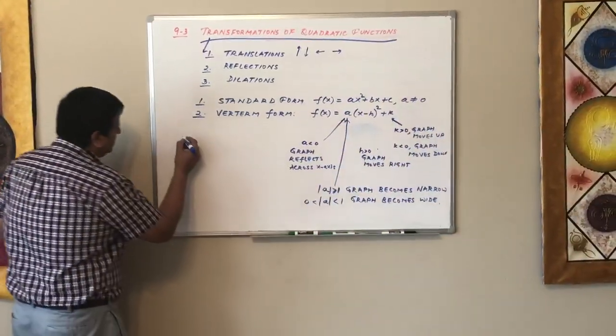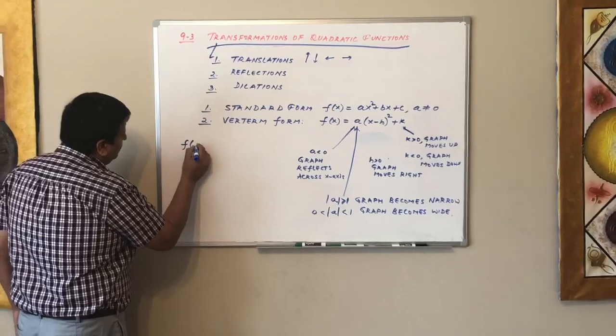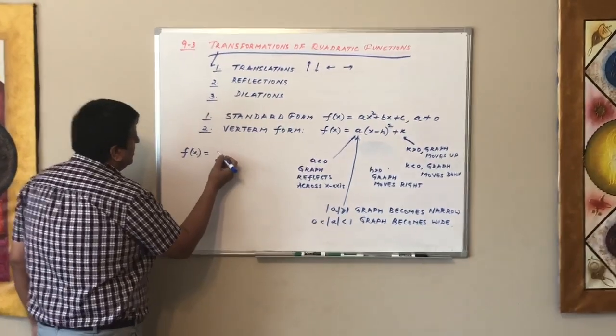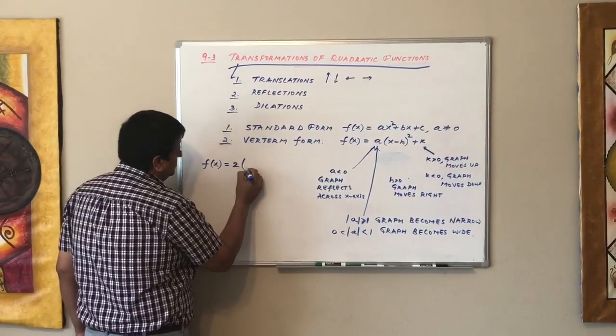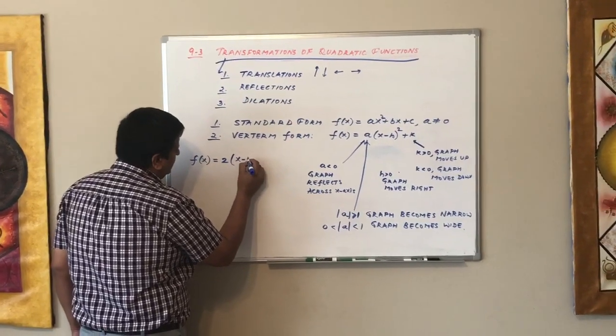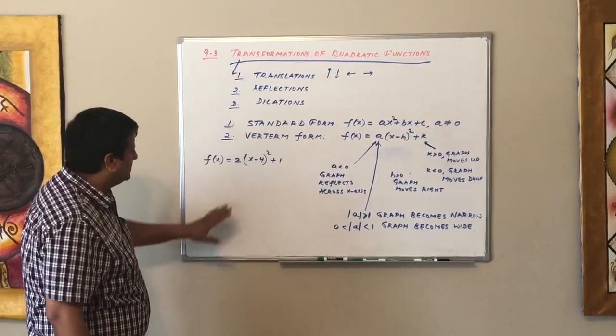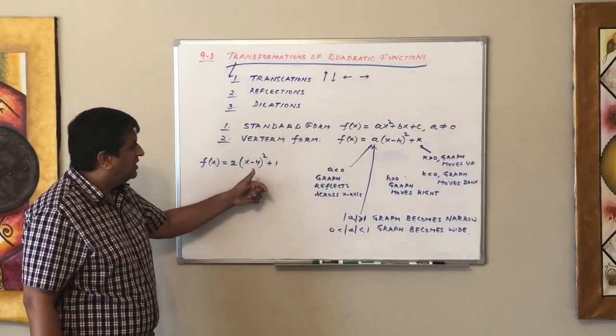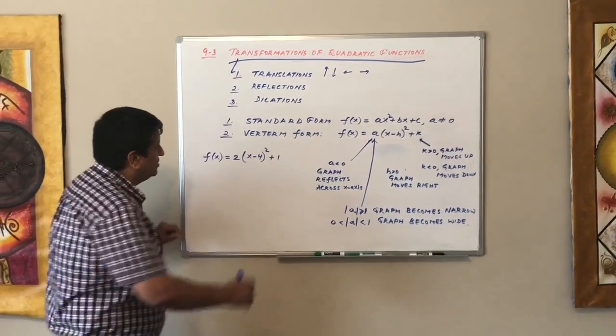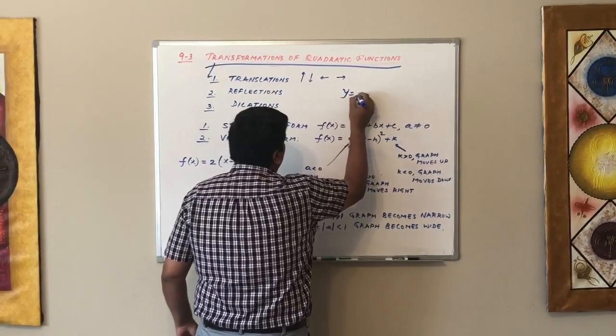Let me show you with an example. Let's say f(x) is 2(x - 4)² + 1. This graph, compared to the parent function, which is y = x².